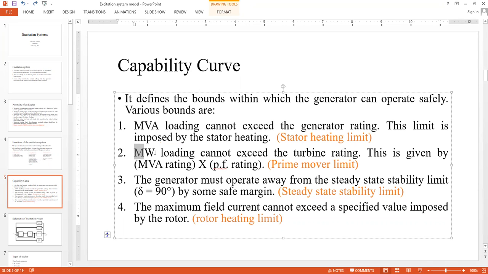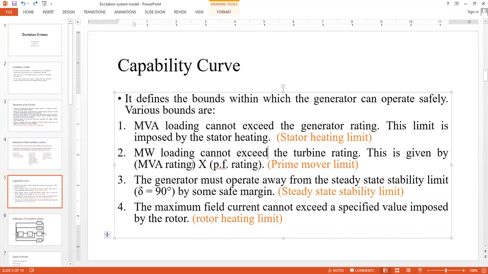Second one is the megawatt loading, but that is not associated with the generator itself, but the prime mover. Remember, the prime mover always provides real power. Mechanical power is always real power. There is no reactive mechanical power. So that megawatt loading limit is associated with the turbine maximum rating, and that's why it is also known as the prime mover limit.